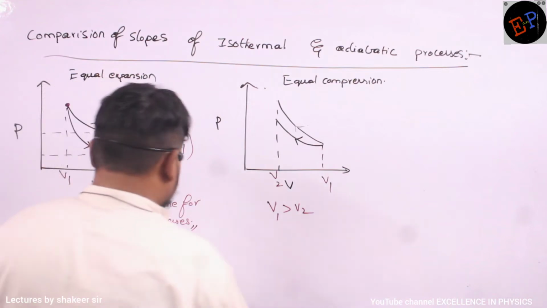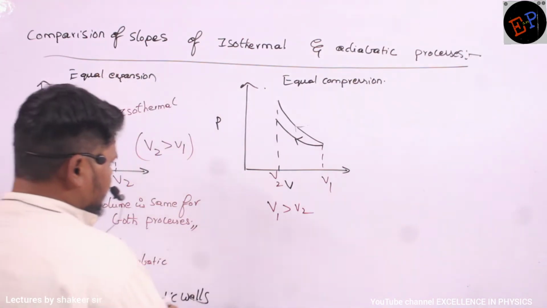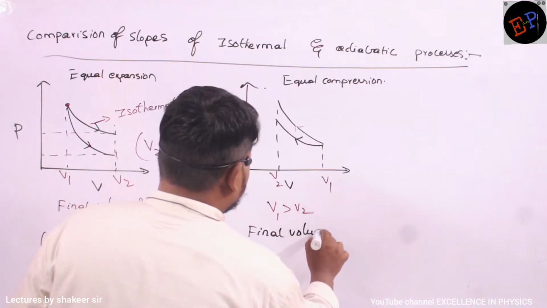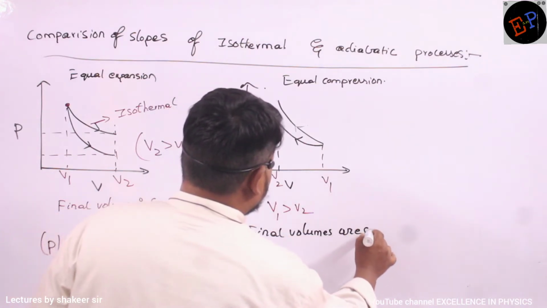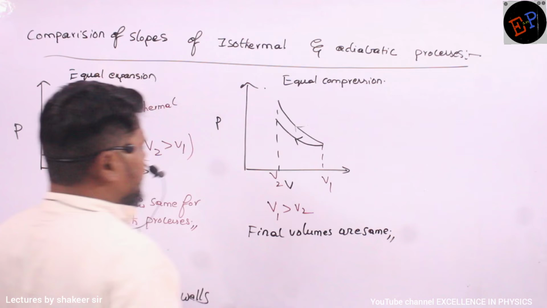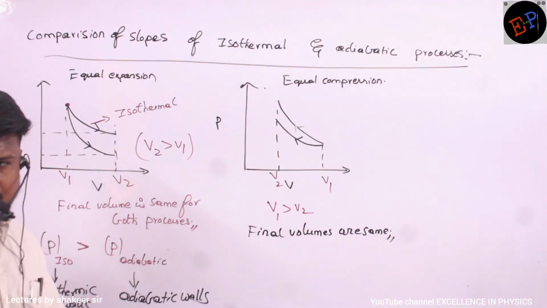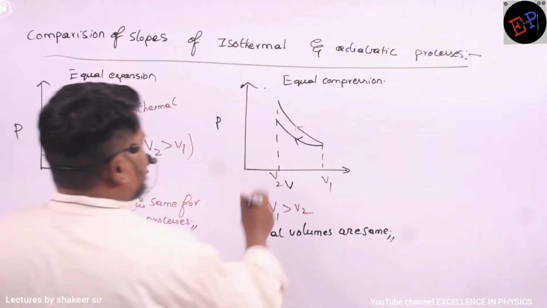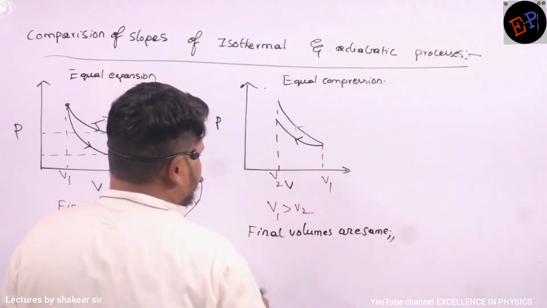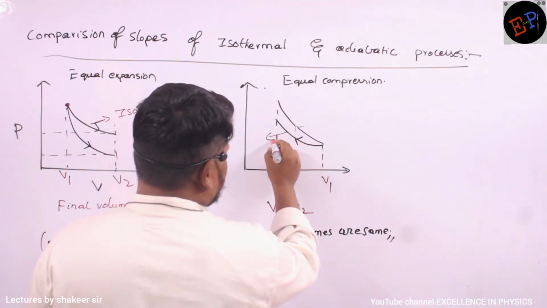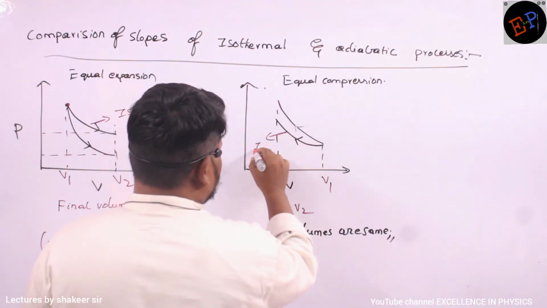So therefore what I say is that final volumes are same. Okay? But can you say which pressure is greater? First of all, out of these two graphs, which is isothermal, which is adiabatic? This one is isothermal.